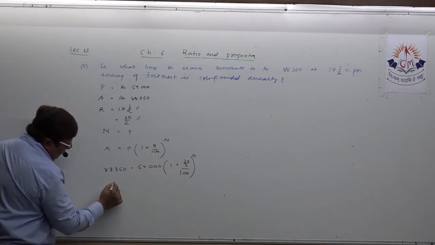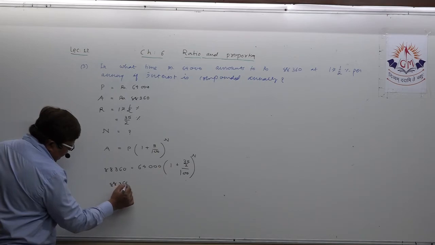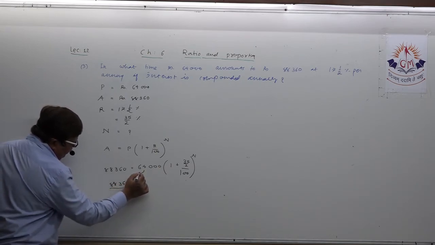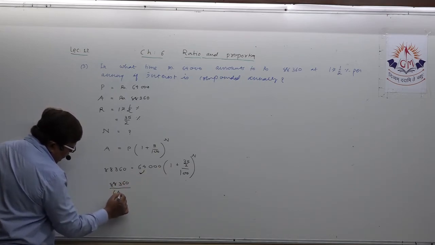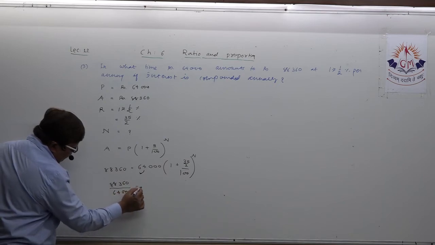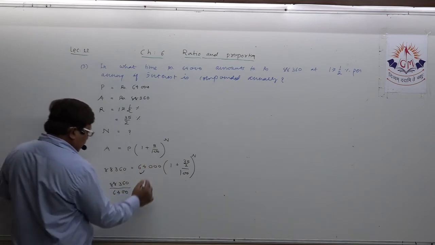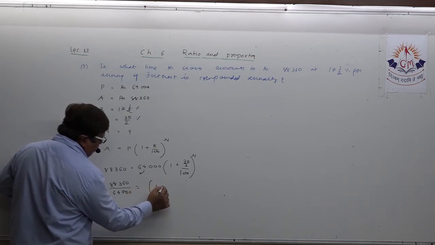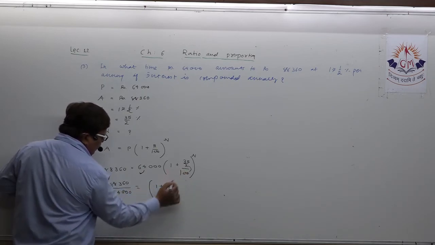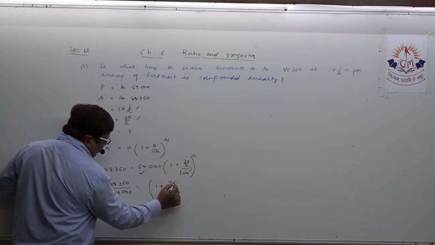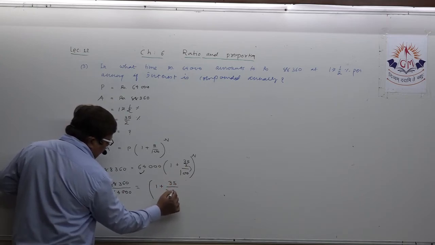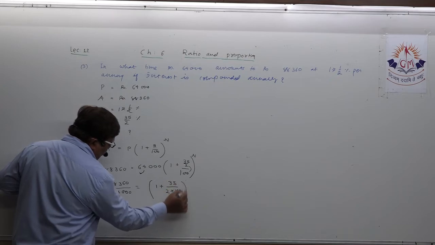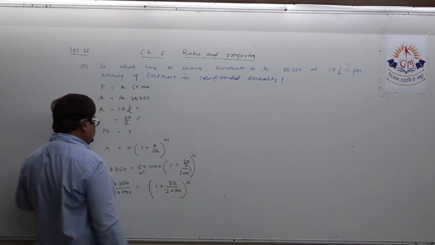So 88,360 upon 64,000 equals 1 plus 35 upon 2 into 100, raised to n.